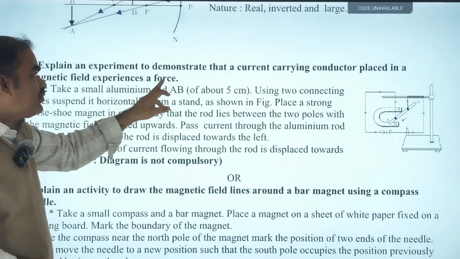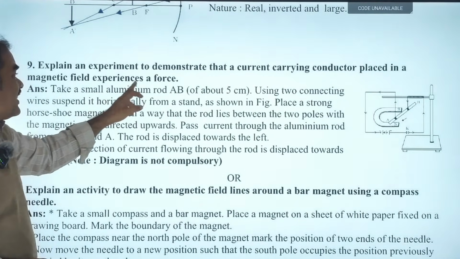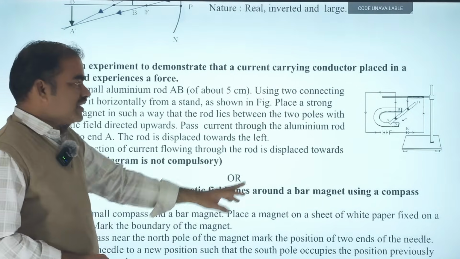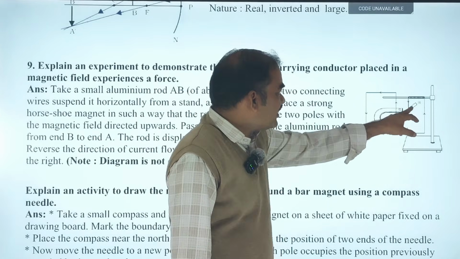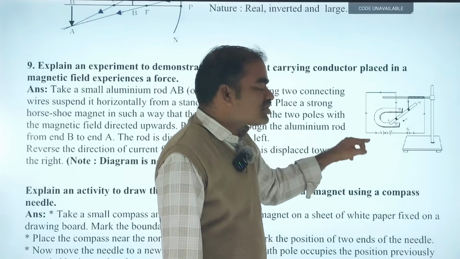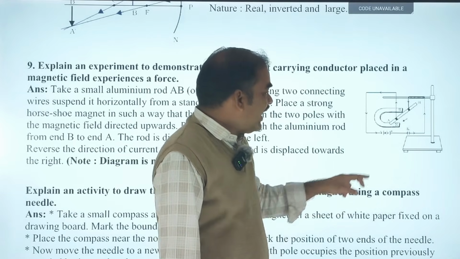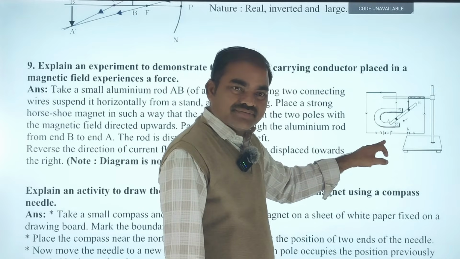Next one. Explain the experiment to demonstrate that a current carrying conductor placed in a magnetic field experiences a force. So here one magnetic setup is there, correct? So this is one aluminum rod, A and B, and one horseshoe magnet is there, and this rod is connected to an electric circuit or a current.